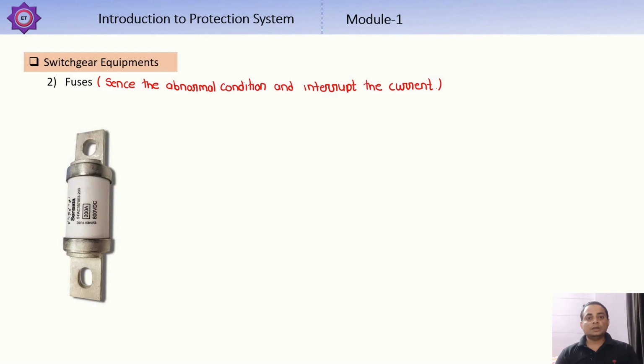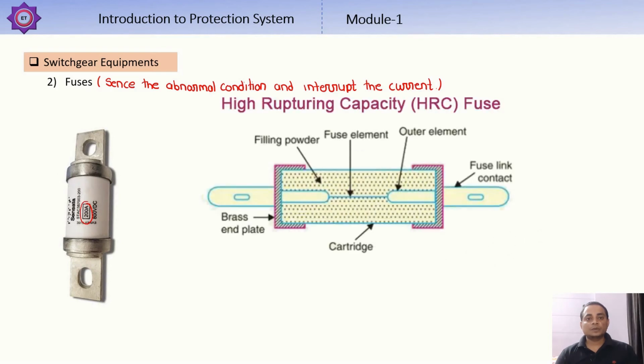This one is an image of a HRC fuse, and this represents its rupturing capacity, and this one represents the layout of a HRC fuse.